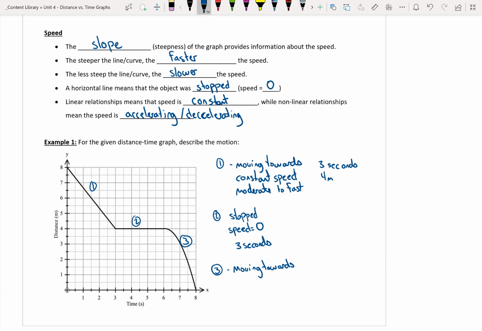You could say that it is accelerating. Or you could say not constant speed. You could also say we traveled for 2 seconds and a distance of 4 meters. So all of that would work. So that's how you would describe each of those sections.